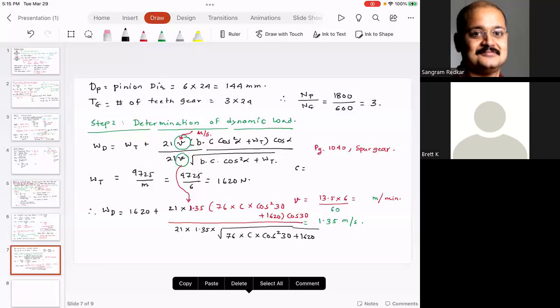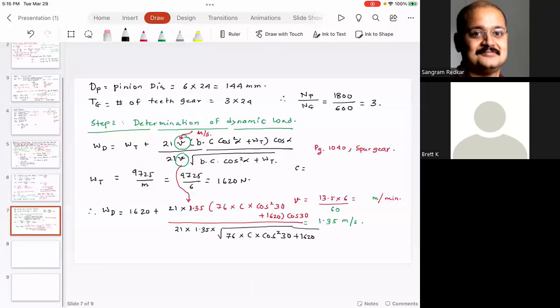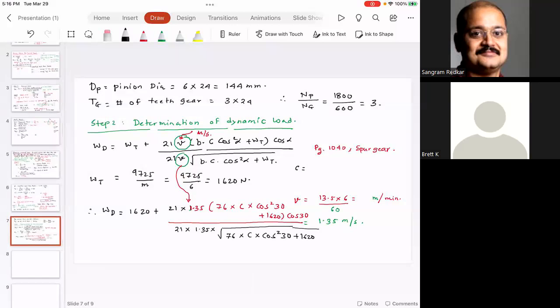So for an example, in our case, our pitch line velocity is 1.3, which is in between 0.09 and 0.08. So I can say my error action. So now, we did not use this table before, so I want you to note this.